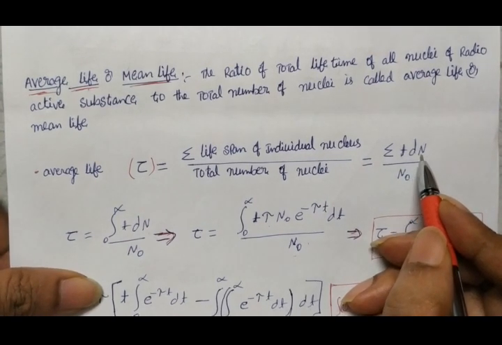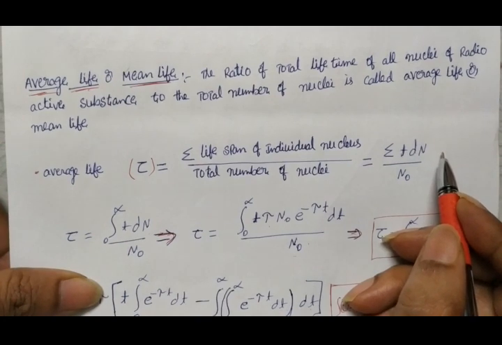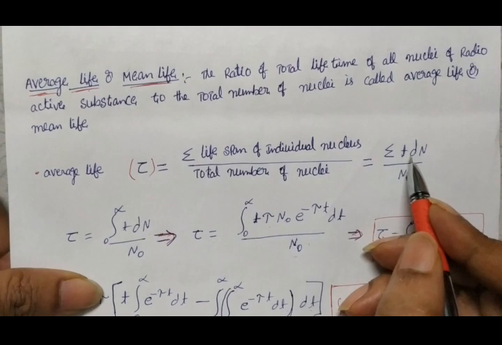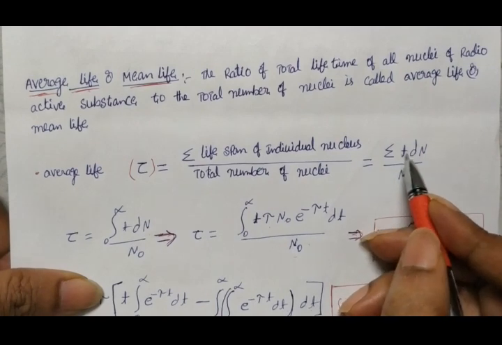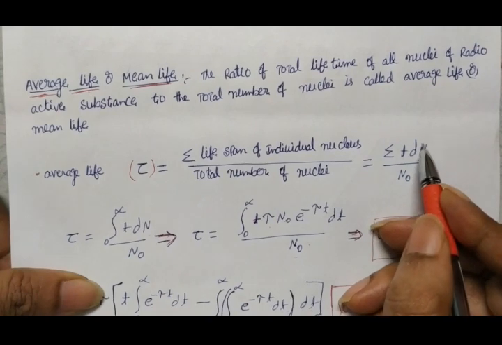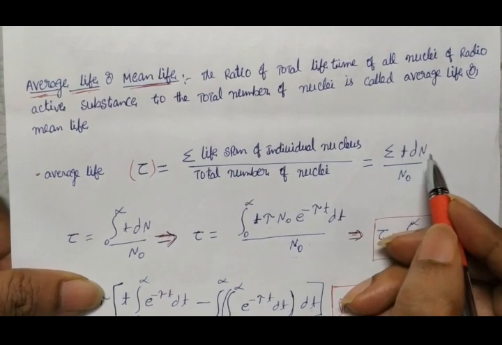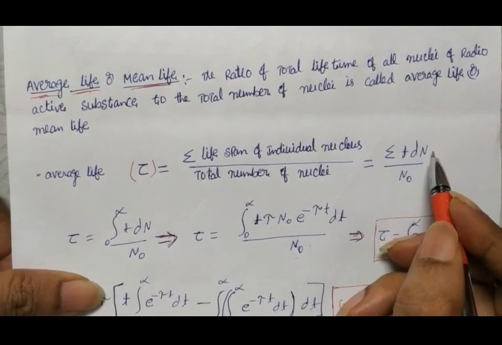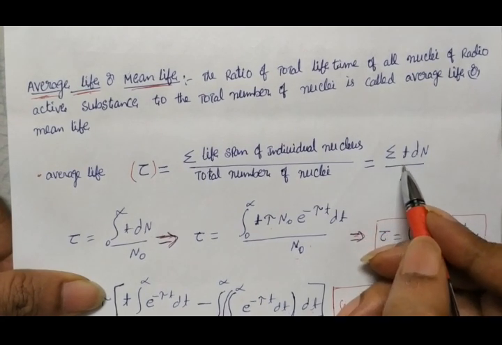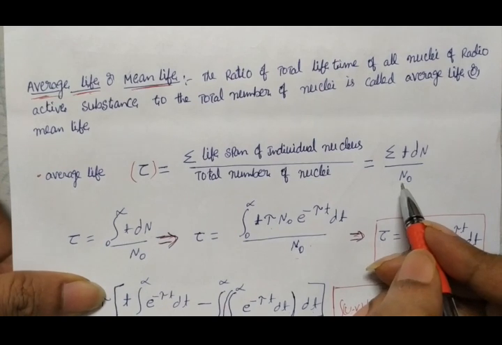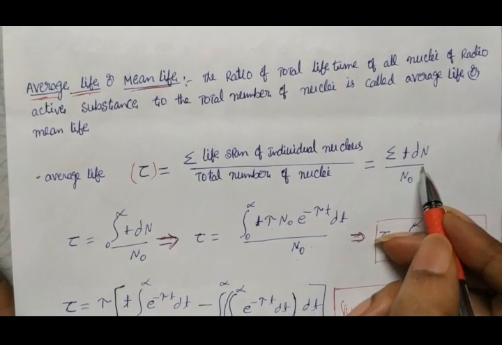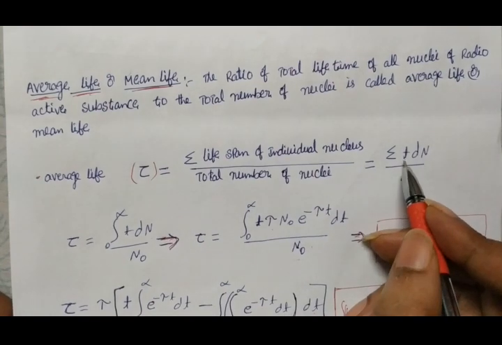Another sample, you can take dn2 or dn3, having different times, t1, t2, t3, like that. So add all the samples: time times how many nuclei break at this time, plus the other time and how many nuclei break in that time. Add all this, represented with sigma, divided by the total number of nuclei present. Then we get the average lifetime of nuclei.